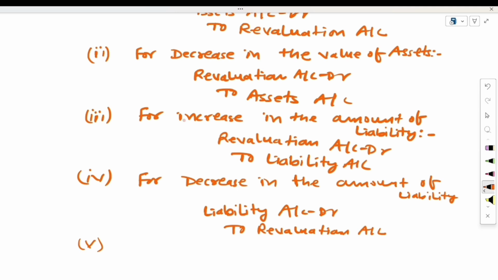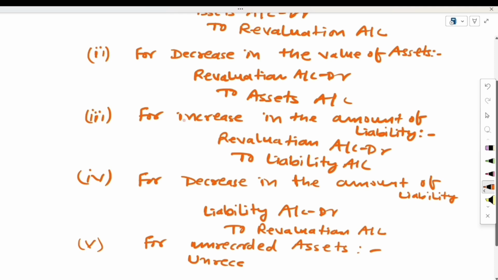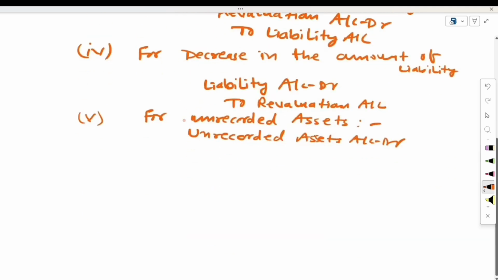If the question mentions any unrecorded asset or any unrecorded liability, then for the unrecorded asset, what entry will you pass? The entry we will pass here is unrecorded assets account debit to revaluation account.